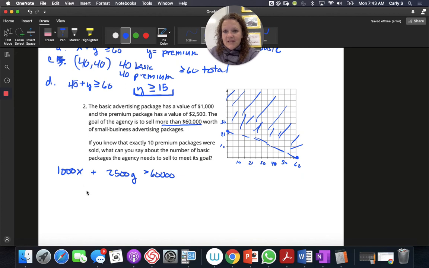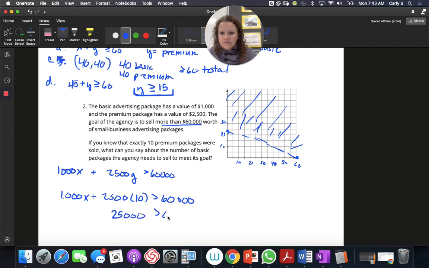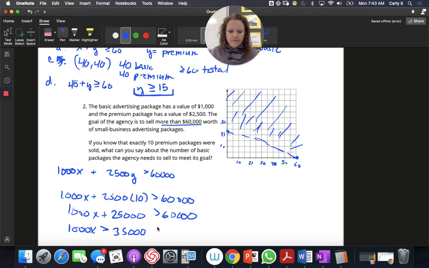Okay, if you know that exactly 10 premium packages were sold, how many basic packages do you need to sell? So this would be 25,000. $60,000 minus 25,000. $35,000 divided by 35.